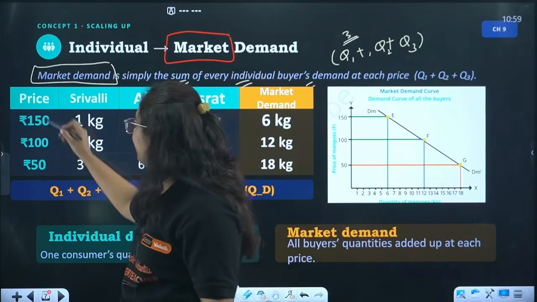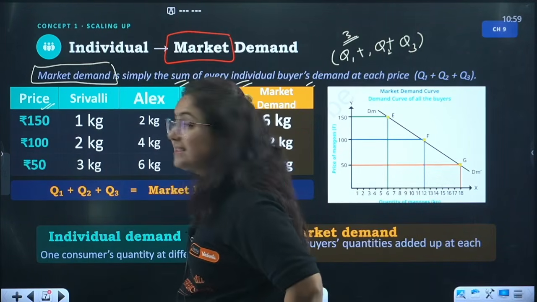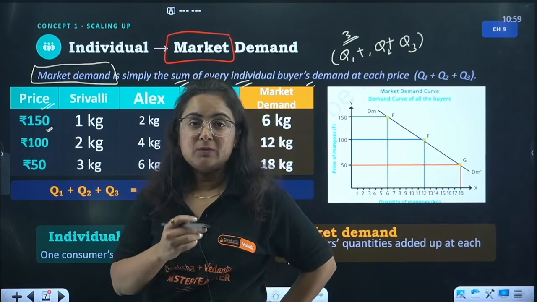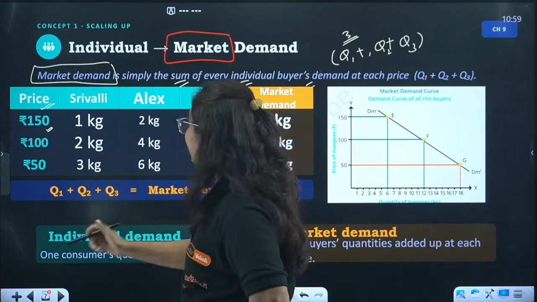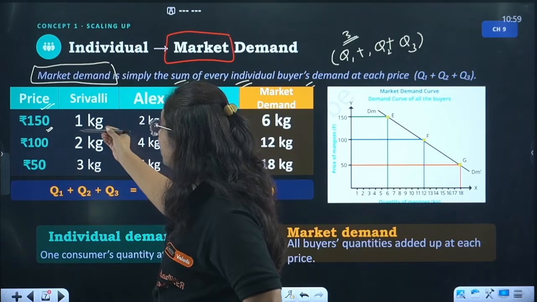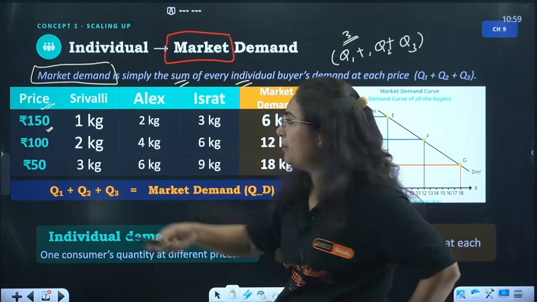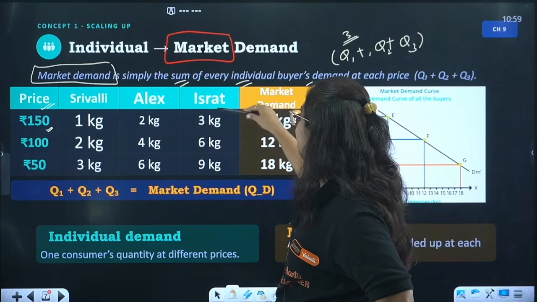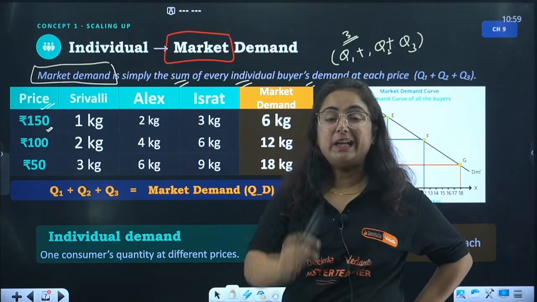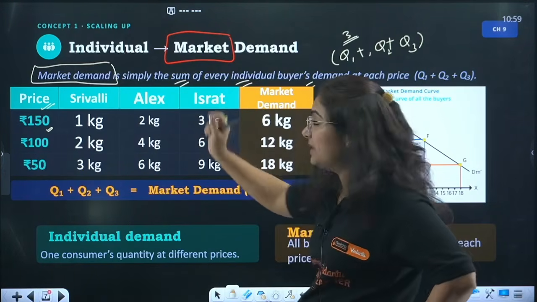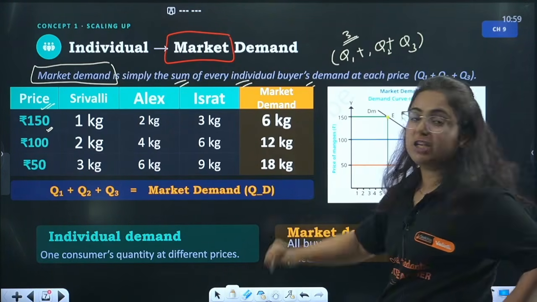So whenever we come to prices, when mango was 150 rupees, the first individual person in the country, Srivalli, bought 1 kg of mangoes, but Alex was a little rich, bought 2 kgs and Ishrat bought 3 kgs. So in the market, among all these 3 people, the demand was 6 kg of mangoes.